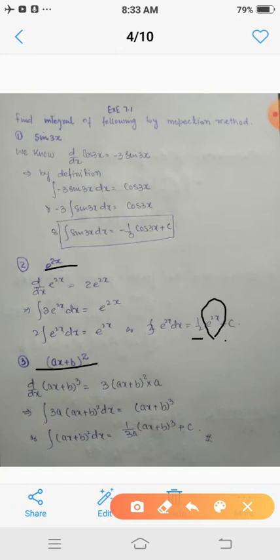Then we have to differentiate the base term. Here the base term is ax plus b, and its differentiation with respect to x is a. So simply write the derivative of the base in the denominator, which is a. That is why we write (ax plus b) whole cube upon 3a. So this is the general procedure or shortcut method to find the indefinite integral by using the inspection method.